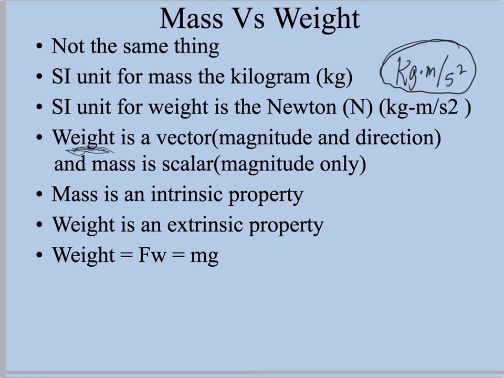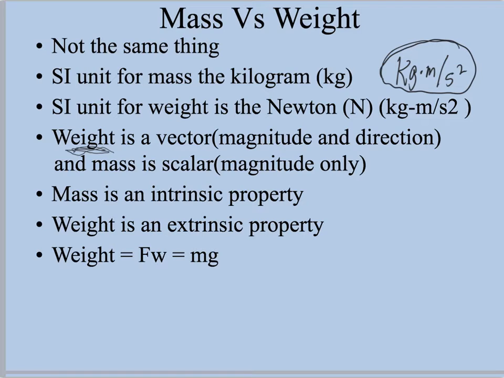And mass is intrinsic, and weight is extrinsic. The idea of an intrinsic property is that it is not going to change regardless of the conditions that you're in. You have the same mass on top of Mount Everest that you would in Death Valley, but your weight is affected by external circumstances.